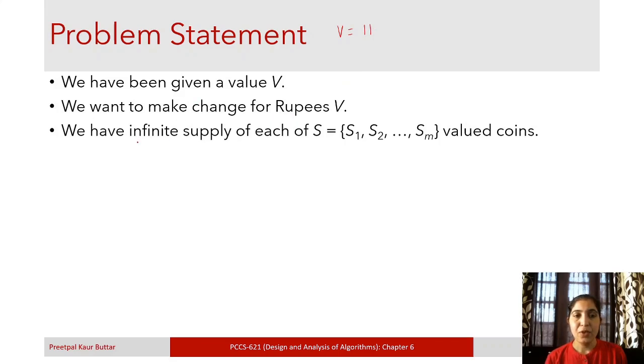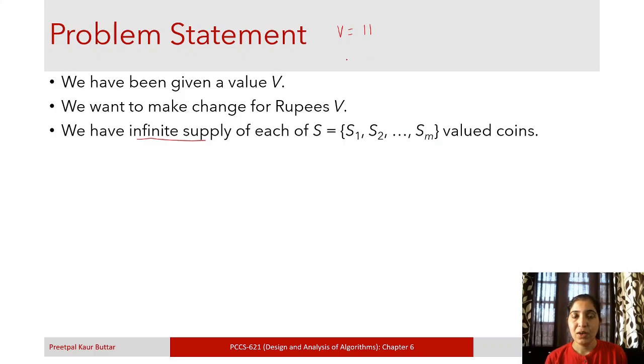Then we have an infinite supply of all the valued coins. So this is the set S, which contains all the denominations S1, S2 till Sm which we have, and we have an infinite supply of these denominations.